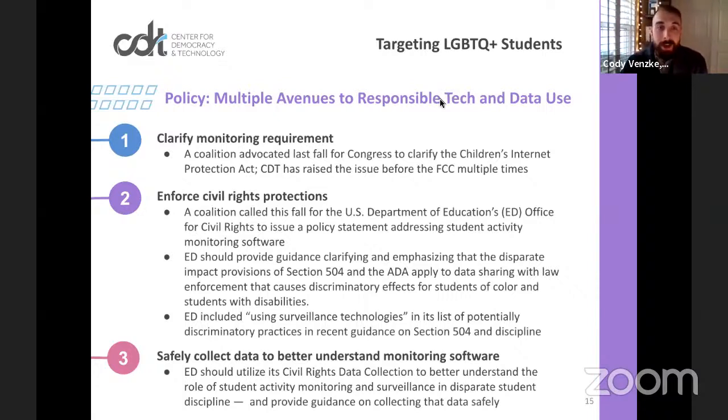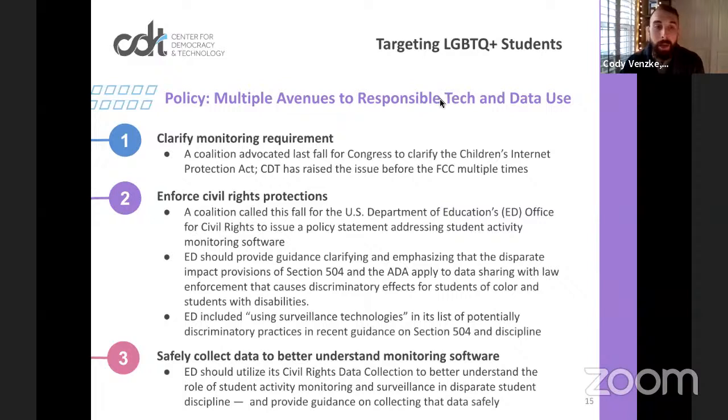Beyond the FCC, we've also advocated before the U.S. Department of Education to provide some guidance to schools. This fall, a coalition of digital, civil, and education rights organizations, including CDT and NCLD, wrote to the U.S. Department of Education's Office for Civil Rights, urging them to issue a policy statement that addresses some of the disparate impacts of student activity monitoring software.